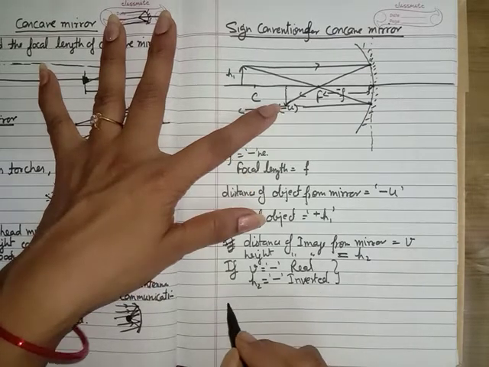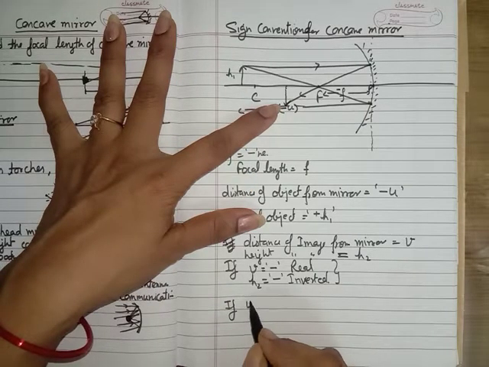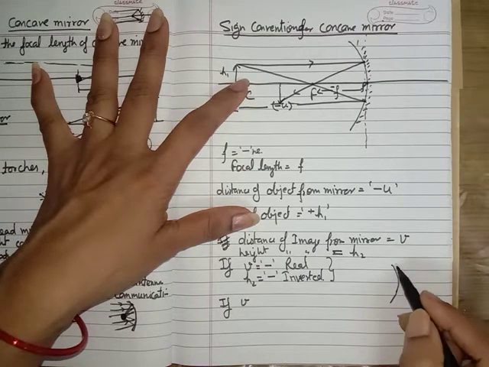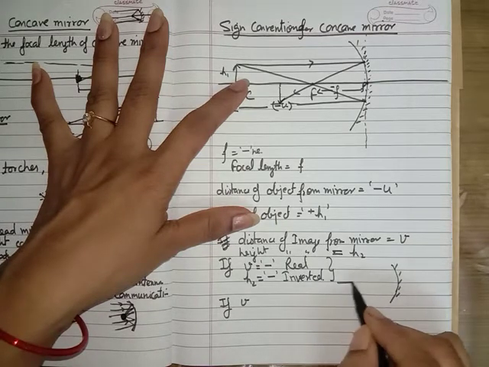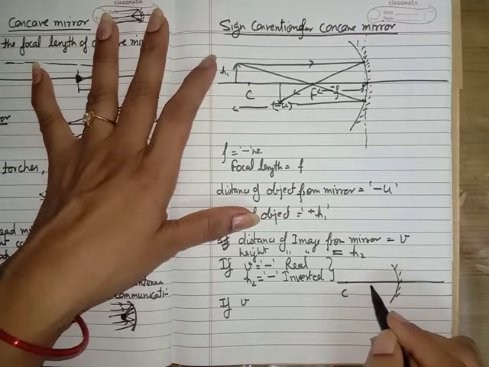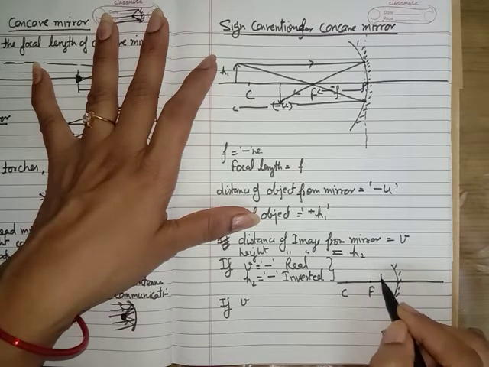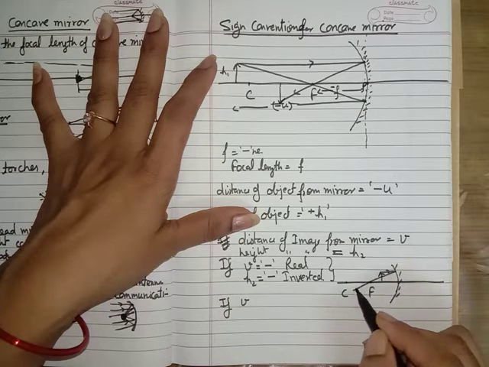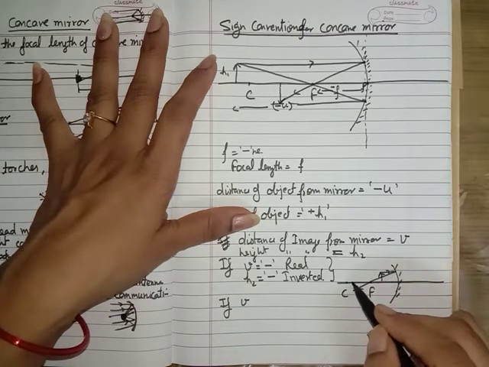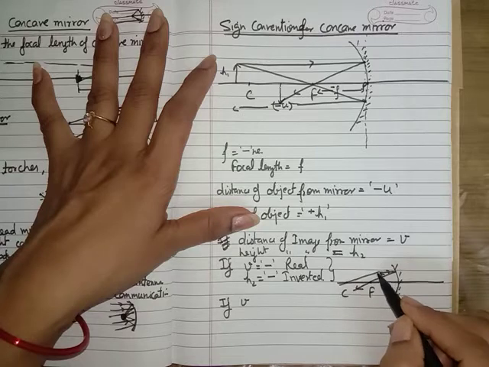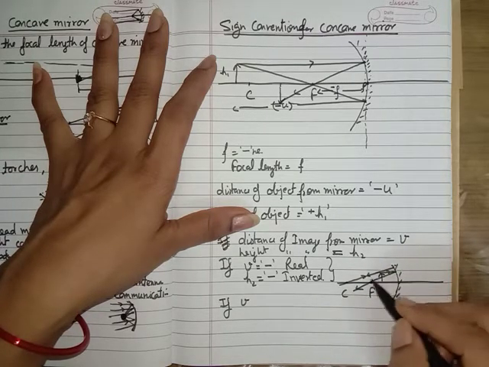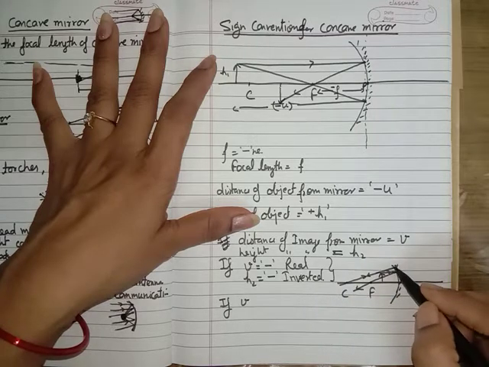Now what about the virtual image? First I have to prepare a virtual image for you so that you can easily understand it. This is a concave mirror, and this is C, this is F, and suppose we are placing the object here, between F and P. The ray parallel to the principal axis passes through the principal focus, and the ray which passes from the center of curvature is reflected along its own path.